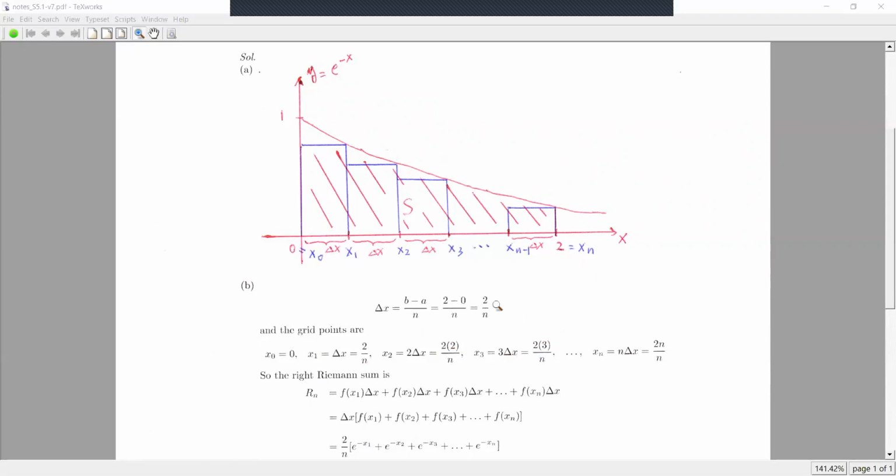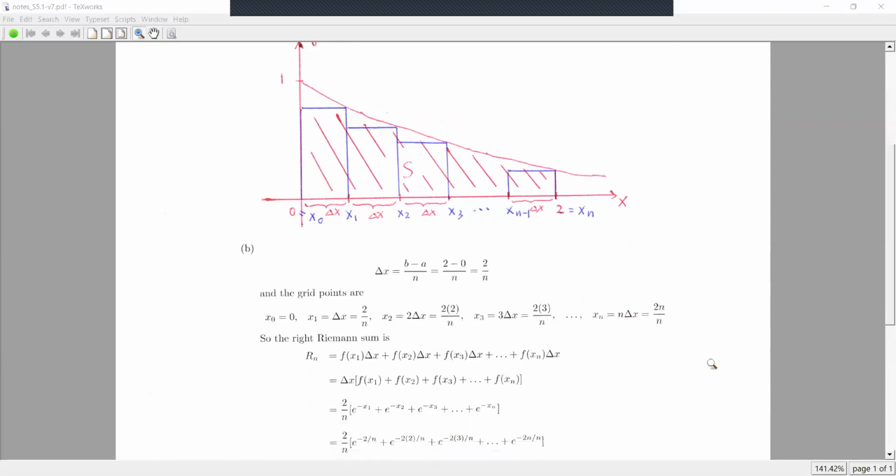Delta x is 2 over n, so if we cancel n, it is 2. So xn is 2. The last point is always the right endpoint of the interval. This is 2.